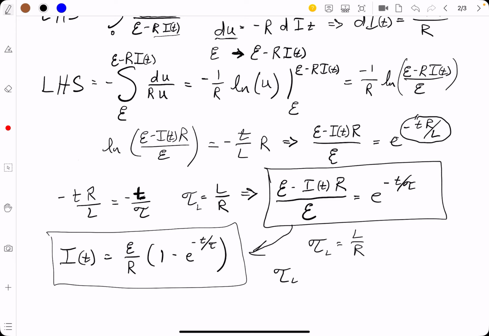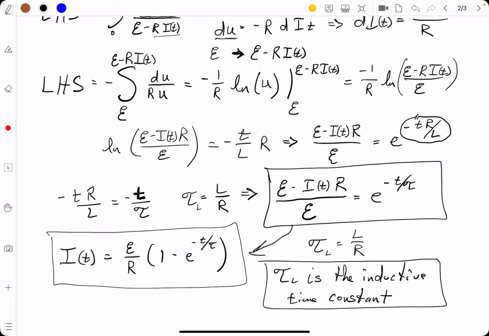I want to just write, is the inductive time constant. Okay, and it's equal to L over R. All right, it's equal to that.